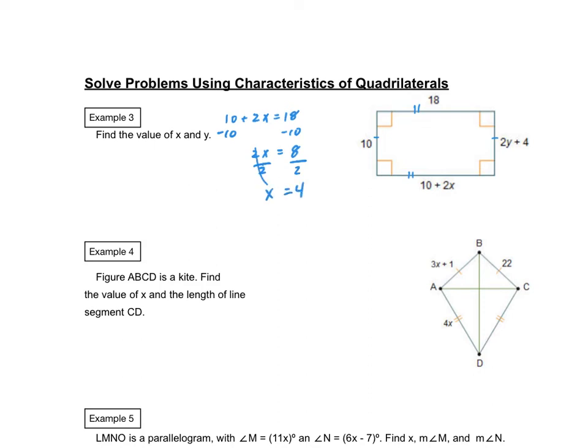The other sides are congruent too, so 2y plus 4 is equal to 10. Using inverse operations to isolate my variable gives me 2y is equal to 6, divide both sides by the coefficient, and y is going to be equal to 3. We were able to use the characteristics of that rectangle to solve for those missing variables.